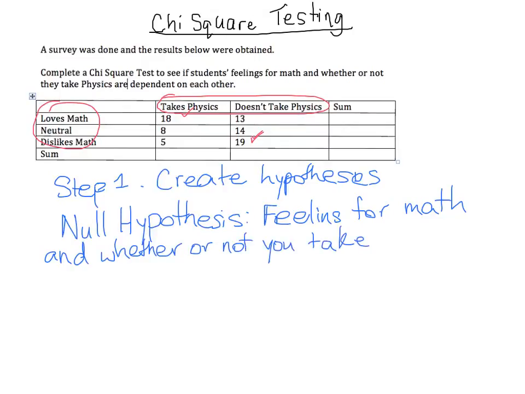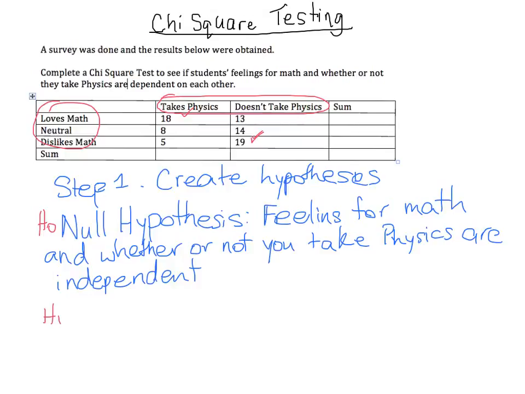They are independent. So that's my null hypothesis, that the two variables are independent. I forgot to tell you that this is also called H0. So the null hypothesis, which is H0 for short, is that they're independent.